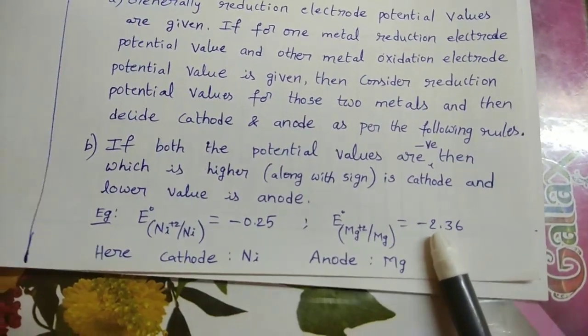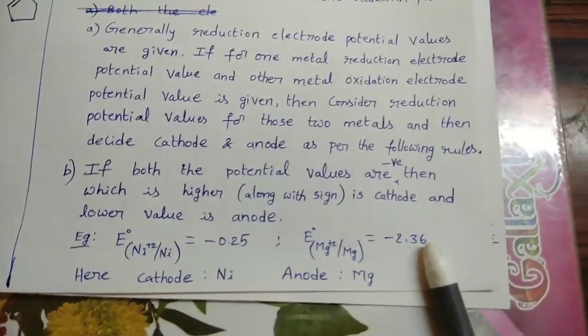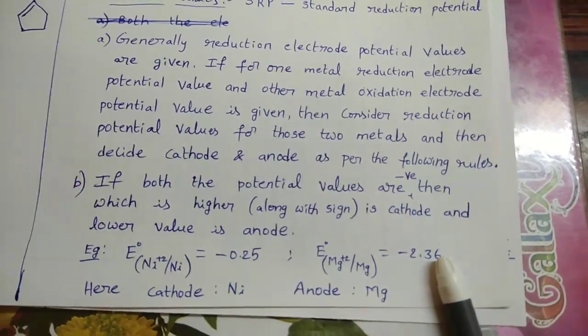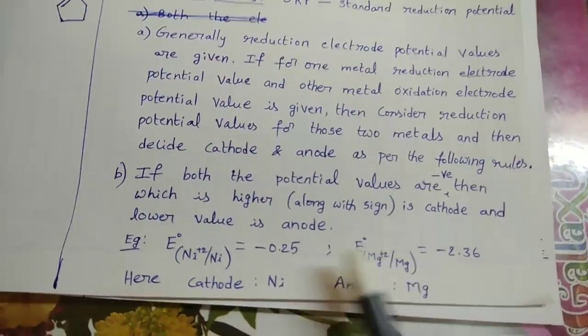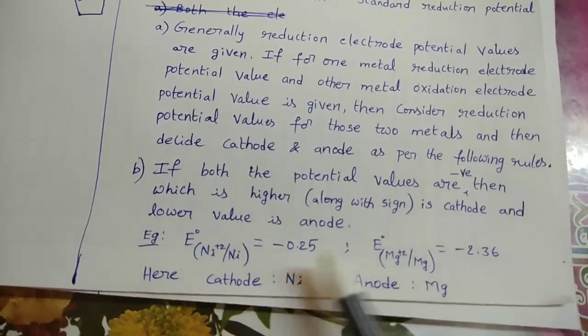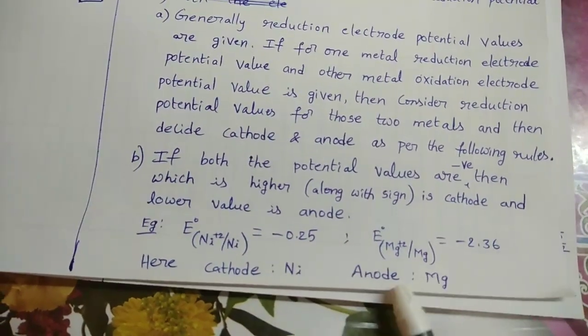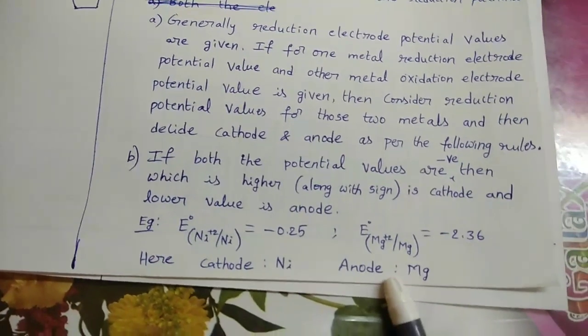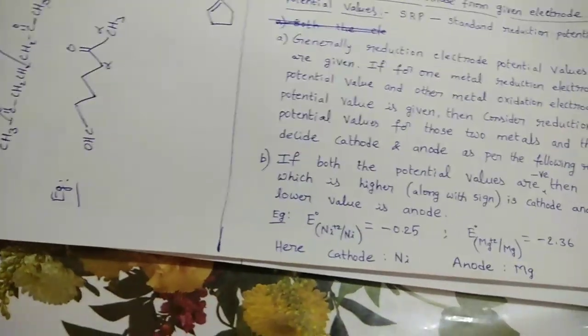Electrode potential value minus 2.36. Here both the values are given as negative values. In that condition, along with the sign, which is higher? Minus 0.25 is higher, this is lower. So here cathode is nickel and anode is magnesium. In this way, based upon electrode potentials, we can decide cathode and anode.